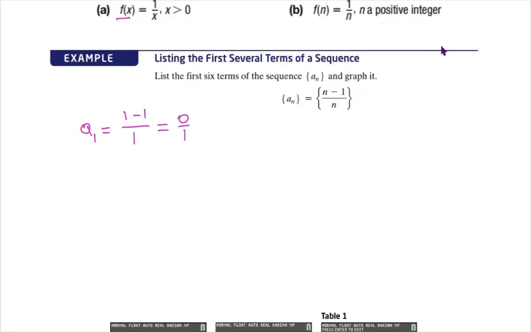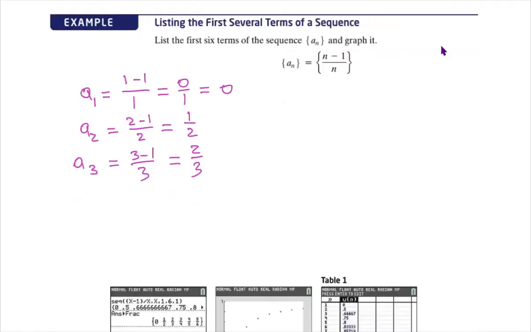So a1 equals 0. a2 equals 2 minus 1 over 2, so a2 equals 1 half. a3 equals 3 minus 1 over 3, that equals 2/3. a4 is 4 minus 1 over 4, so that's 3 over 4.